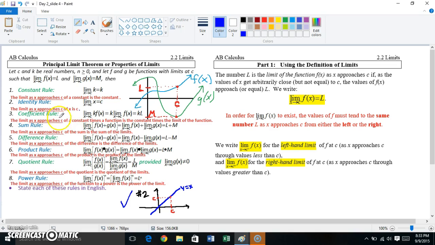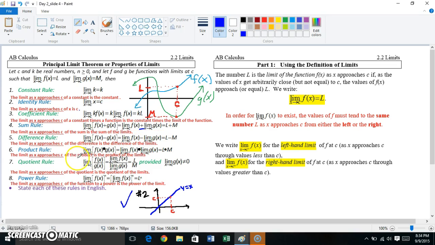But the rest of them, the coefficient rule, if you have a function times a coefficient, we say the limit of a constant times a function is the constant times the limit of the function. The sum rule, if you have two functions added together, the limit of a sum is the sum of the limits. The difference rule, the limit of a difference is the difference of the limits.